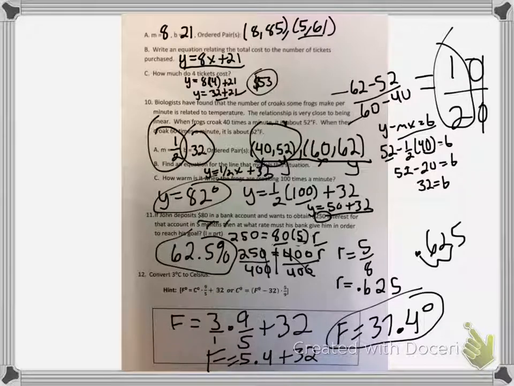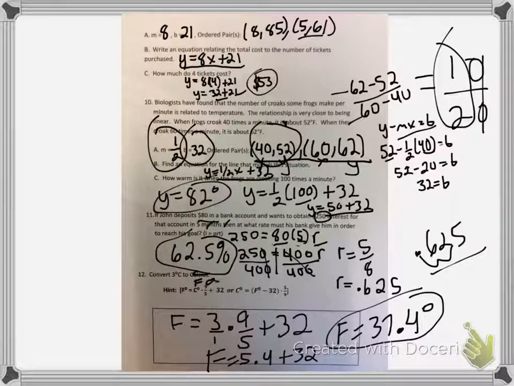So that goes for T. So I said 80 times 5 is 400, divided into 250, and I get 5/8 or 0.625. I move my decimal, and I get 62.5%. Really big increase.